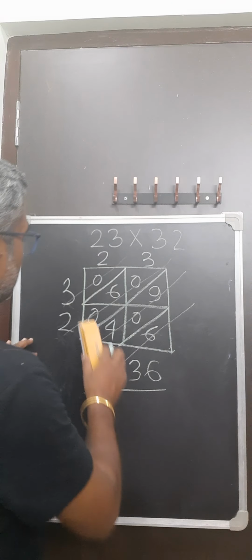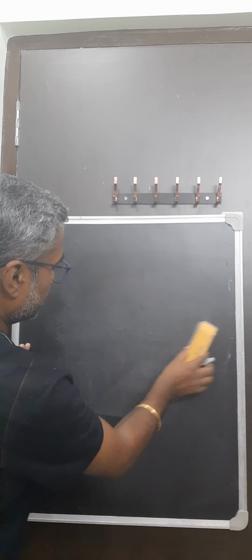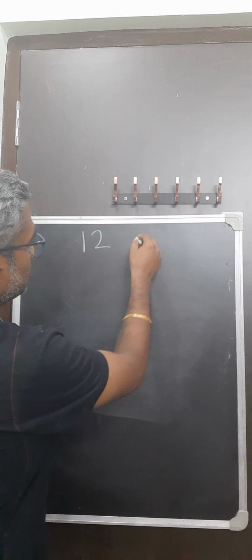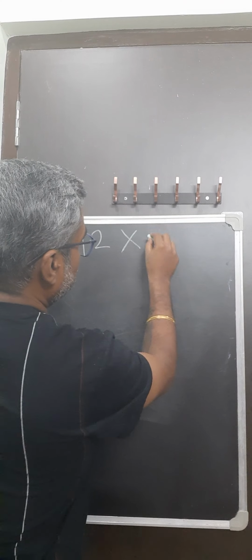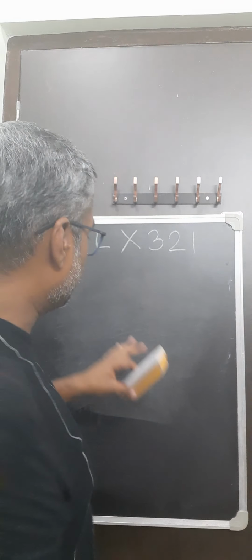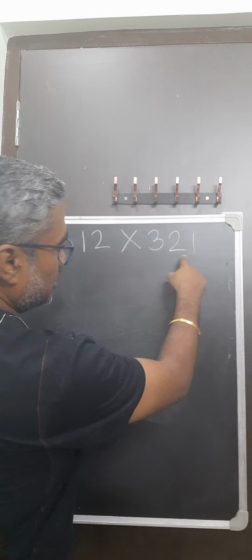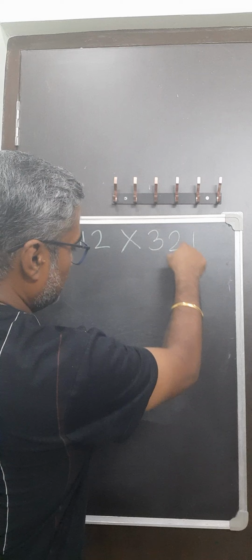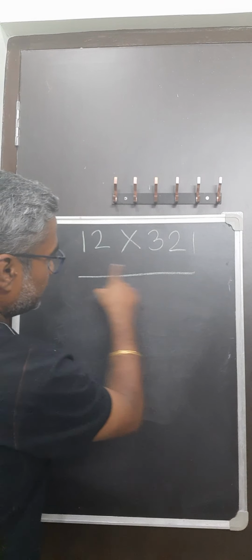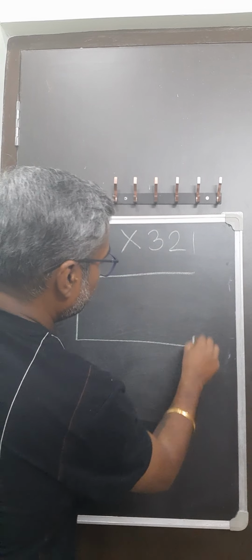Okay, I will show you some more examples so that it will become easier to understand. Now I will take a 2-digit number cross, let's say, a 3-digit number, 321. So how will I do that? As this number consists of 3 digits, the length of the arm will be bigger this way and smaller this way, so it will be a rectangle.